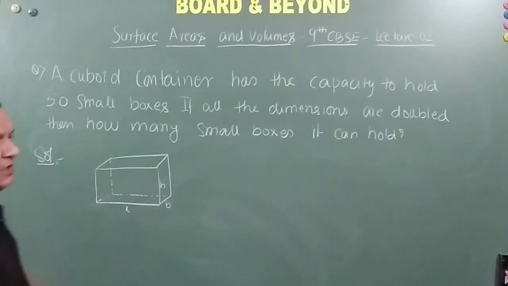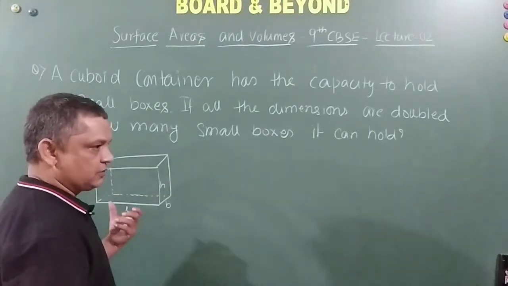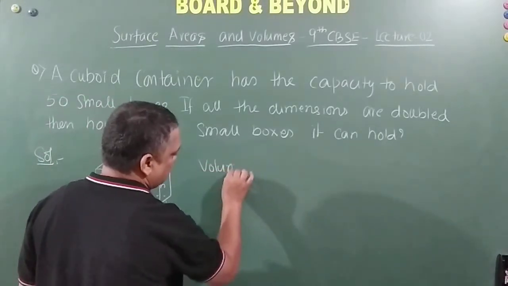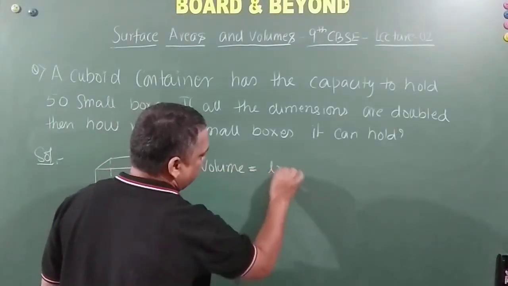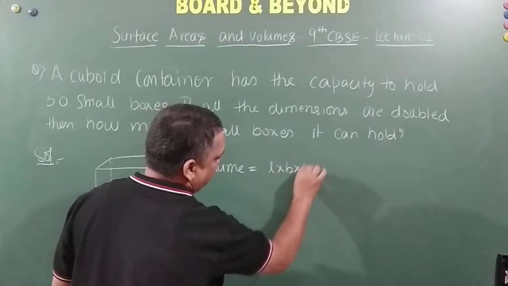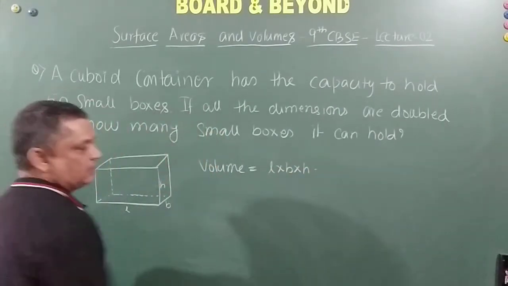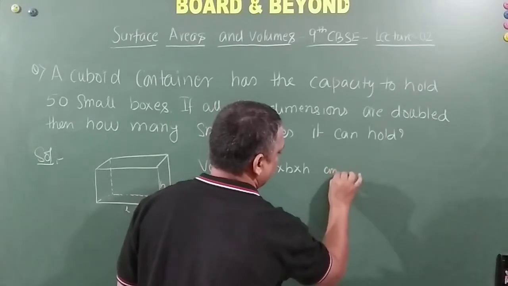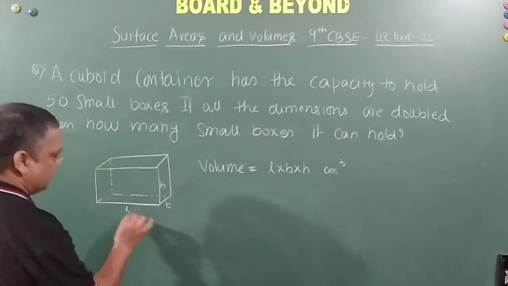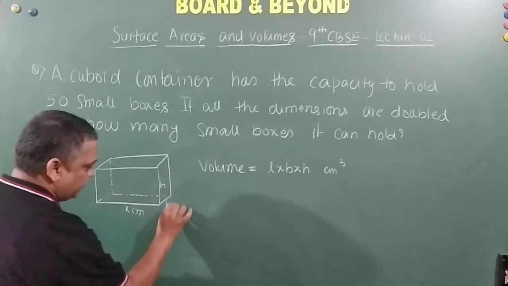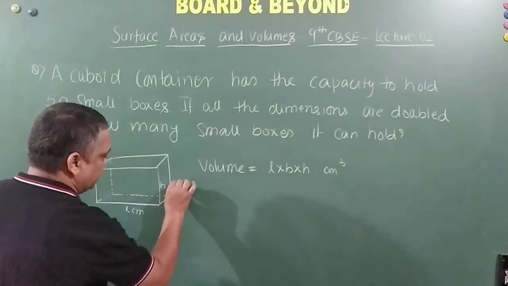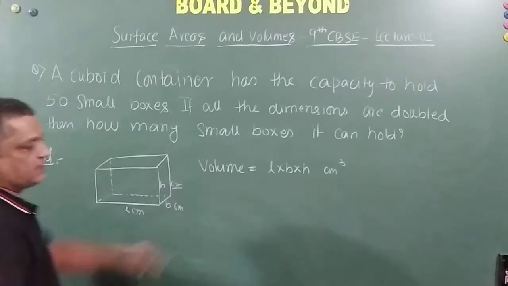So what will be the volume of this cuboid box? So volume will be L into B into H, in centimeter cube, okay? We will take all dimensions in centimeter. L centimeter, B centimeter and H centimeter, right? So this is the volume.